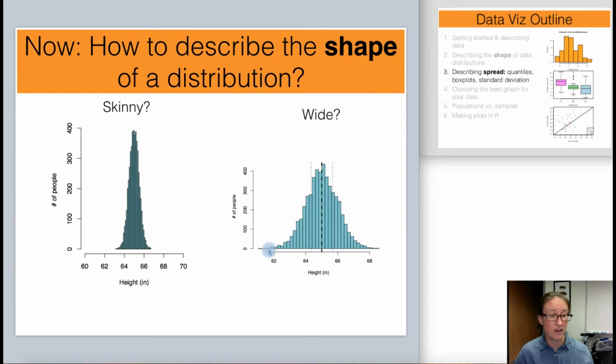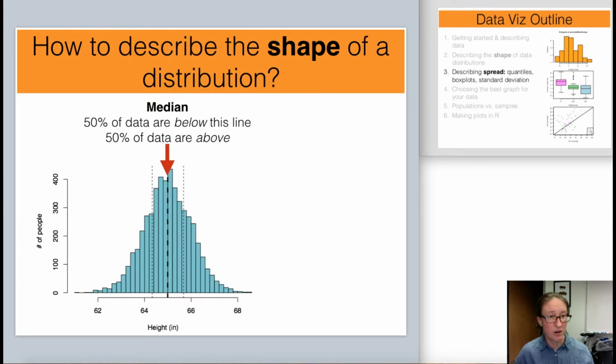So this is running from a bit under 60 to maybe close to 70. We can see the difference here visually because of how I have created these histograms, but it would also be useful to come up with ways to describe these shapes quantitatively.